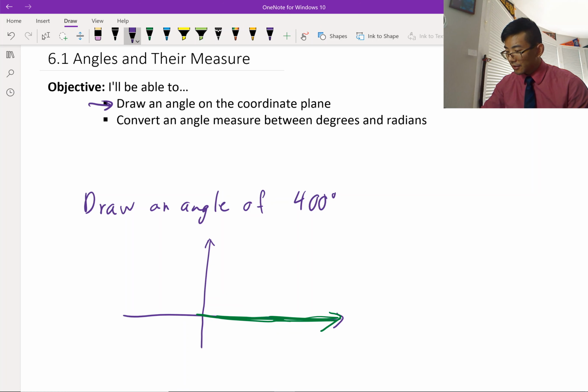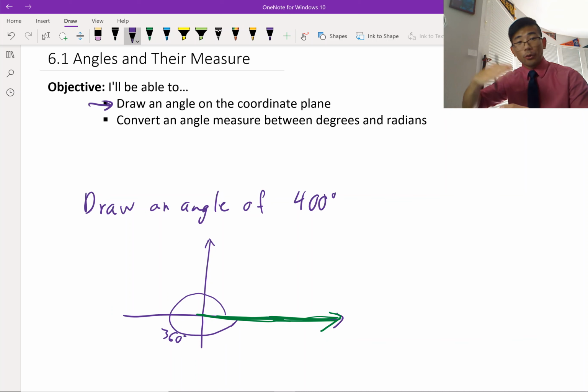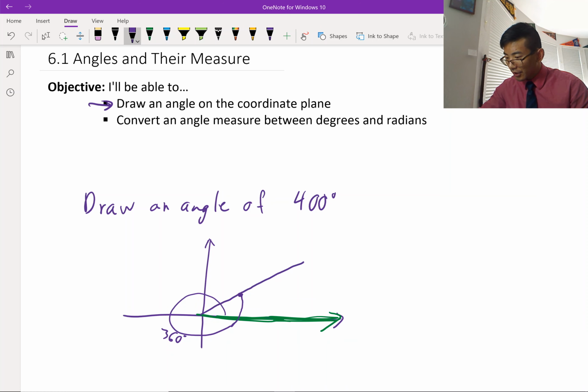So if I go all the way around here, so far that's 360 degrees. But remember, we have 40 more degrees to go. And that would look something like, I'll estimate it right around there. And so this is where our angle would end up. So this is 360 plus 40 more.